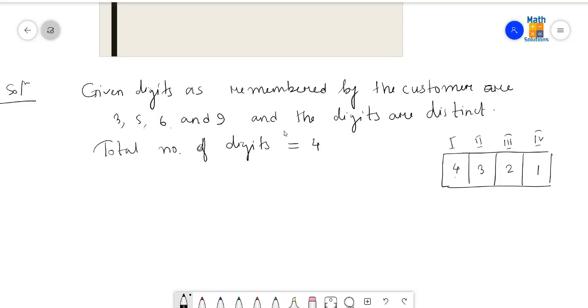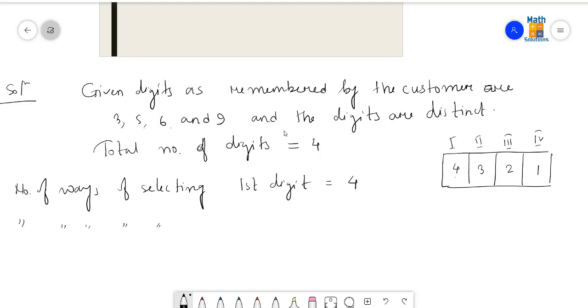So after this, what can we write? Number of ways of selecting the first digit is equal to 4. Then number of ways of selecting the second digit is equal to 3.